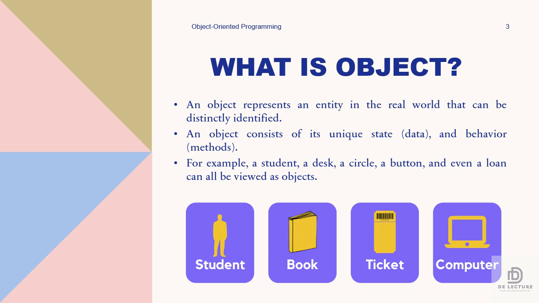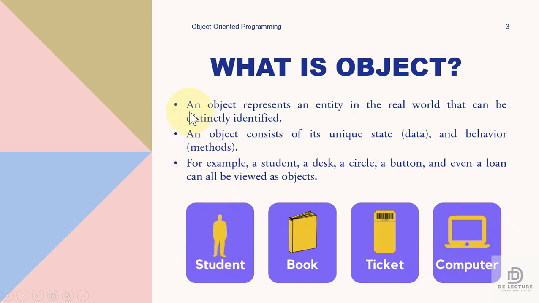For example, a student can be an object, a desk can be an object, a circle can be an object, a button or even a loan can be viewed as an object. So we have four examples here.